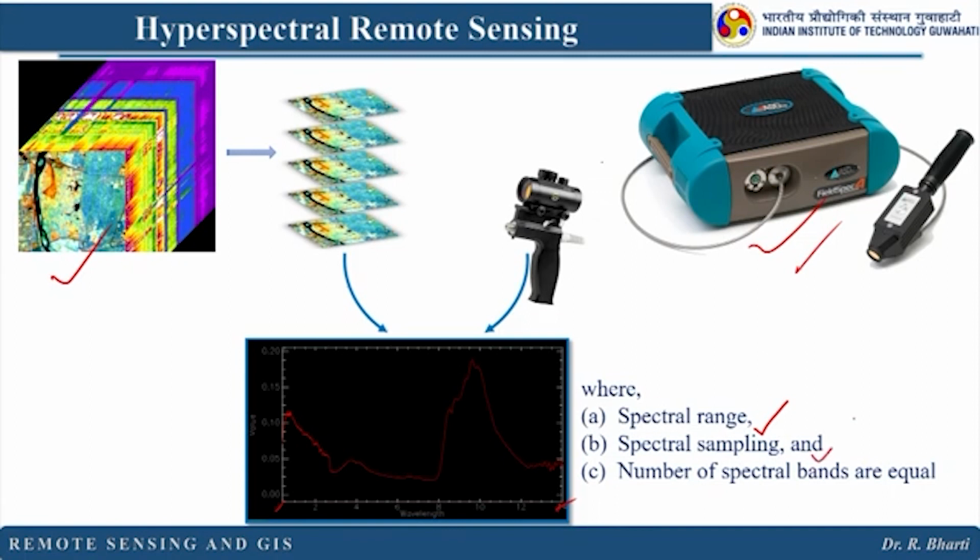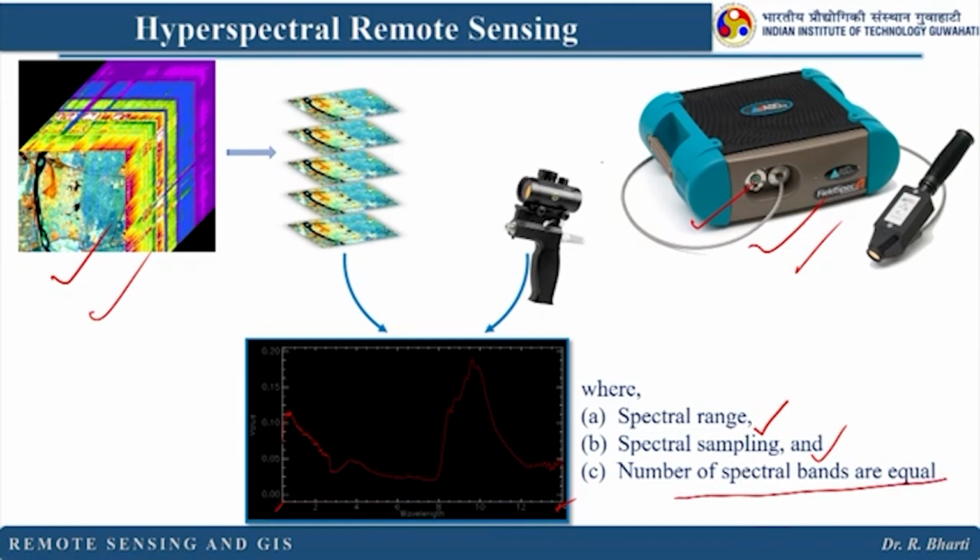Then spectral sampling, how many times it is going to acquire the samples and what is the bandwidth. So, that spectral resolution you need to be very careful, then only this measurement can be used with space measured data. Then number of spectral bands are equal.